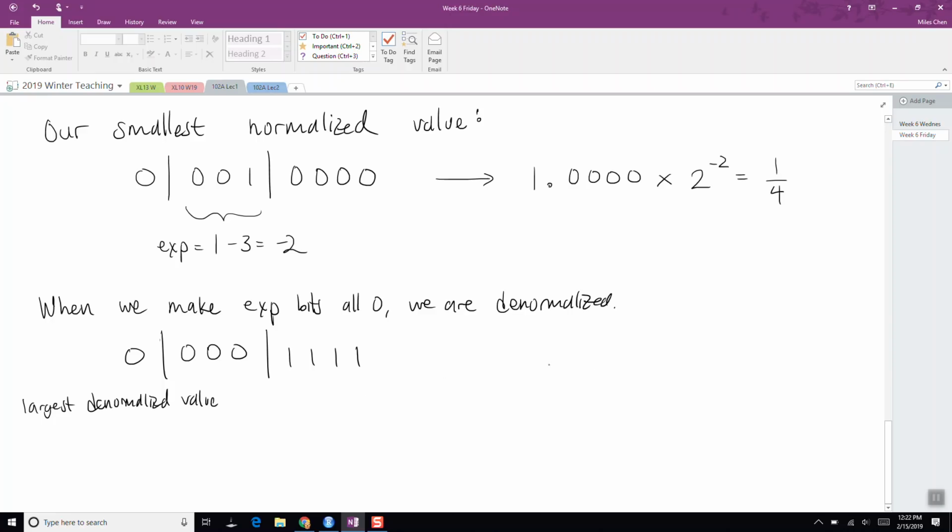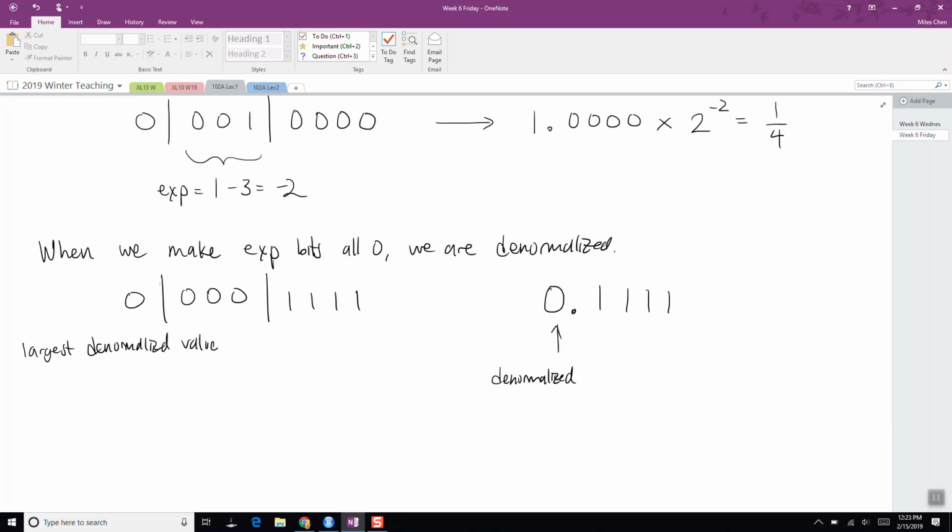Our leading digit becomes 0, but now we have all 1s here.